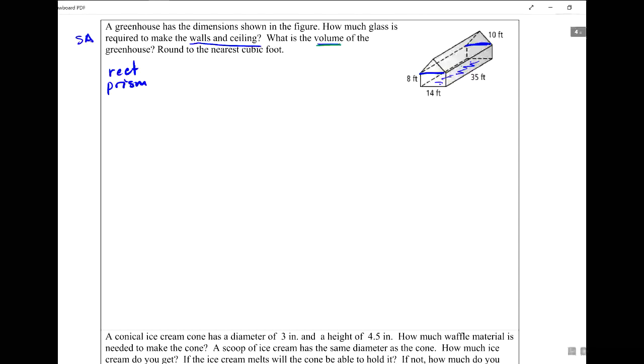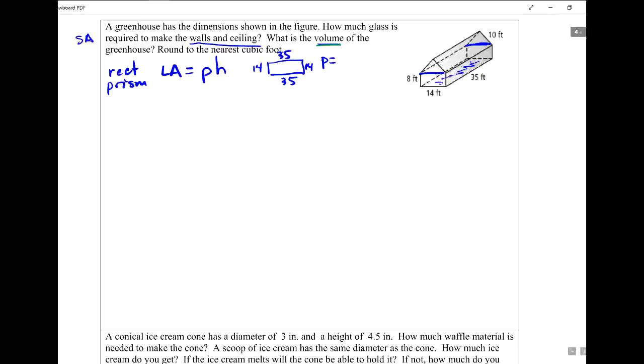So all we need is the lateral area for that prism, which is perimeter times height. So if we look at our base here, even though we're not using it, we need the base for our perimeter. The perimeter of our base is, we'll just add up 14, 14, and 35, and 35.